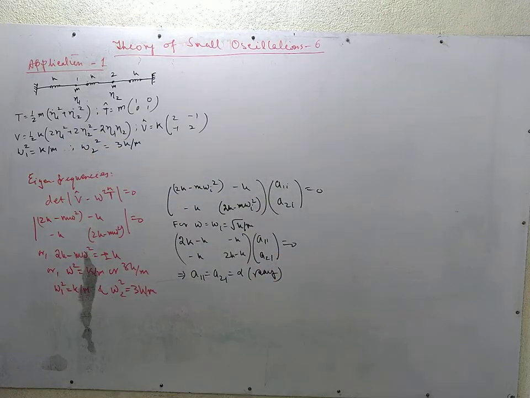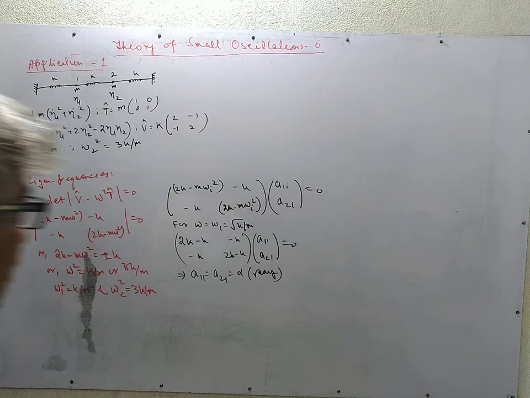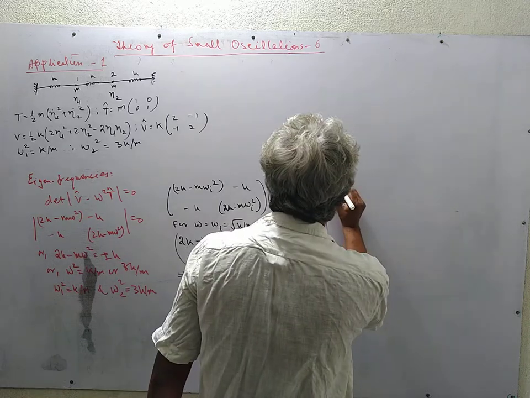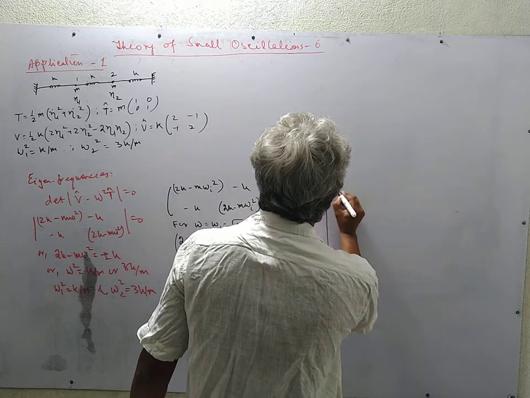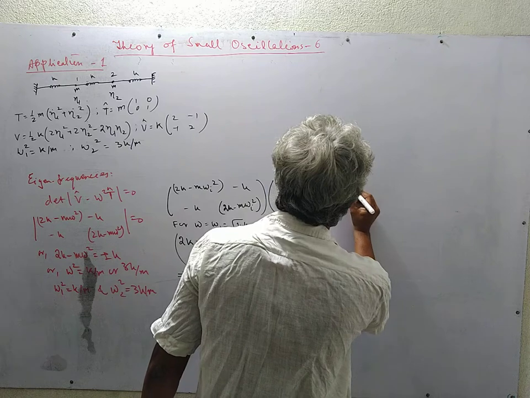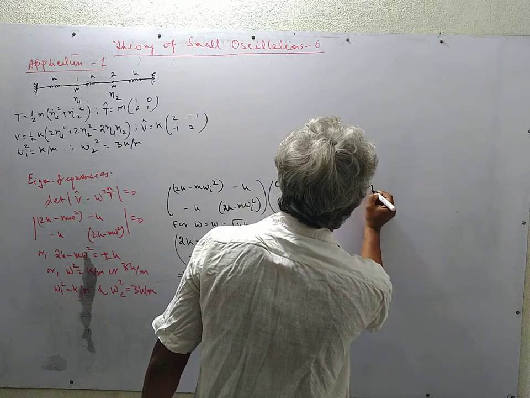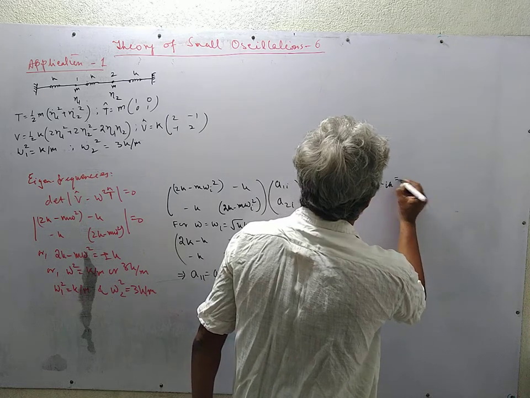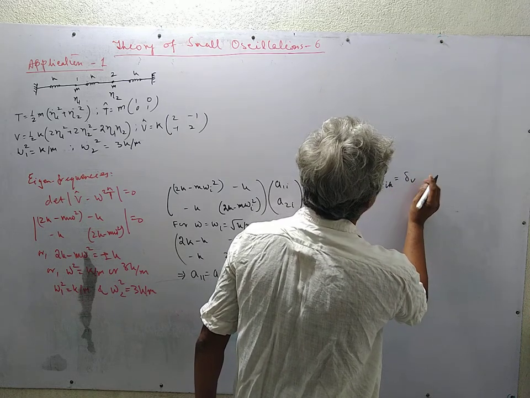In the case of matrix diagonalization, we generally normalize the eigenvector, but here we shall use the normalization condition which comes from the fact that the summation over i, j of a_il T_ij a_jk is equal to delta of lk.